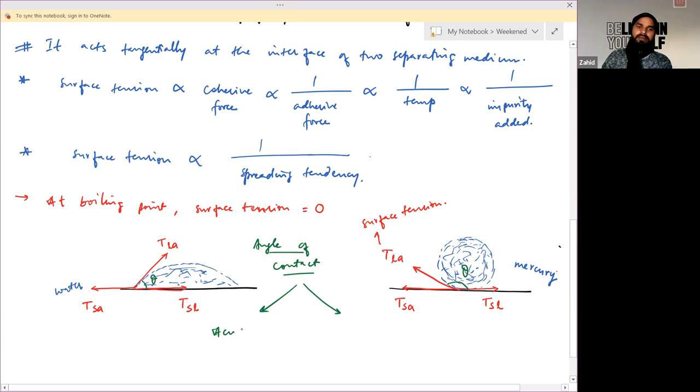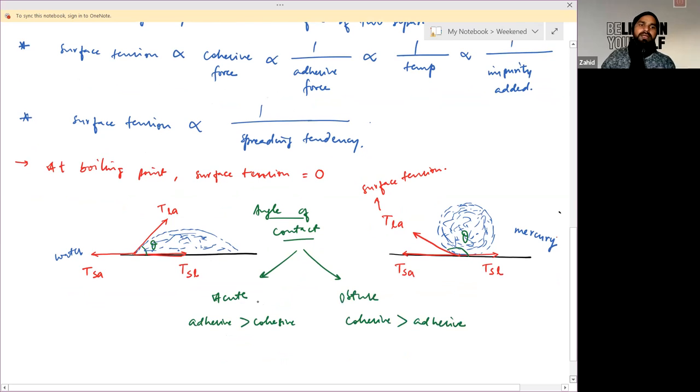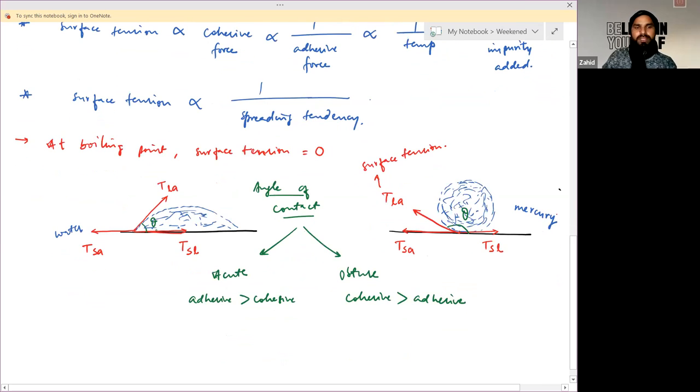If it is acute, it means adhesive force is stronger than cohesive force, and if it is obtuse, it means cohesive force is stronger as compared to adhesive force. Or in terms of surface tension, if theta is small, it will have smaller surface tension, and if theta is obtuse, it will have a larger value of surface tension. Is it clear?